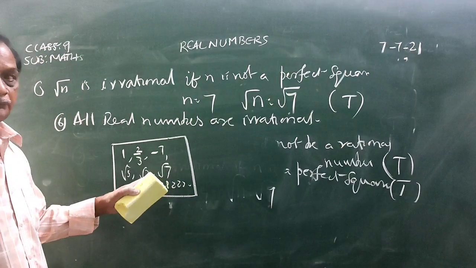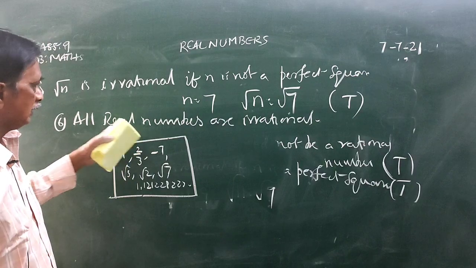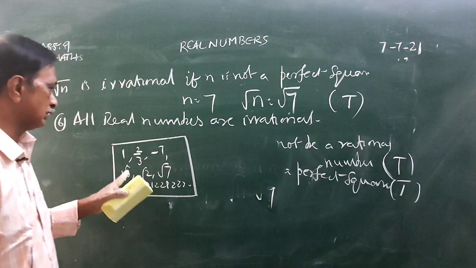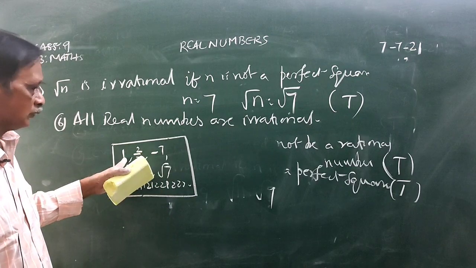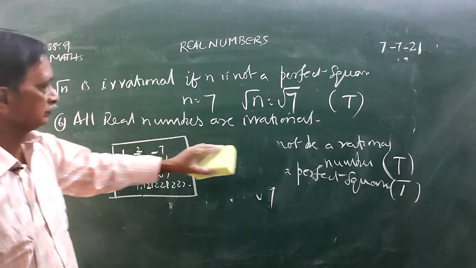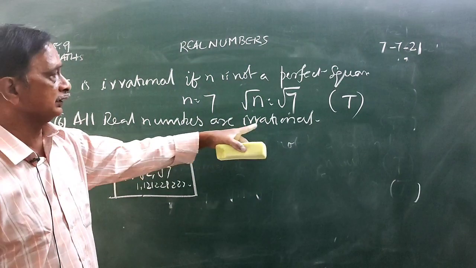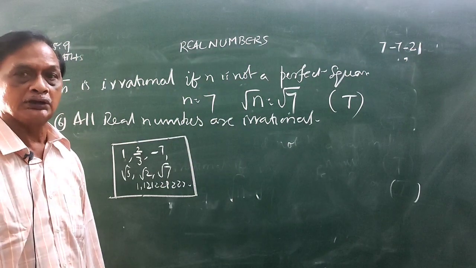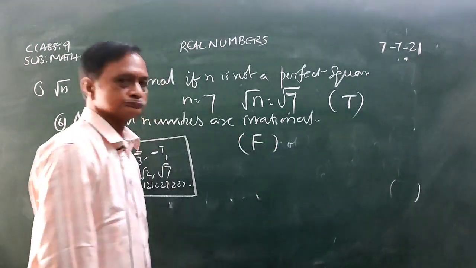These are all the combination of rational and irrational called real numbers. So here what is given? All real numbers are irrational. No, there are some real numbers which are not irrational. They are called rational. So this statement is false, because there are some real numbers which are not irrational. That is rational.